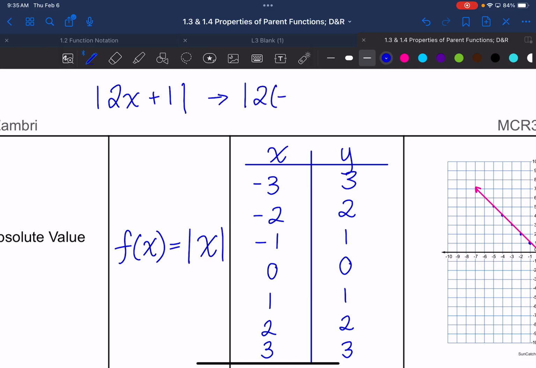If you did 2 times -1 plus 1, that's going to leave you with -1 in there, right? But because it's a negative value, I would just say, now this just becomes +1. That's my output value. That would be your coordinate point. So anything that's negative in there, turn it positive. Is that okay so far?